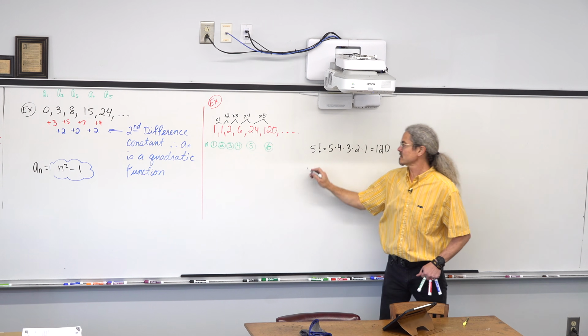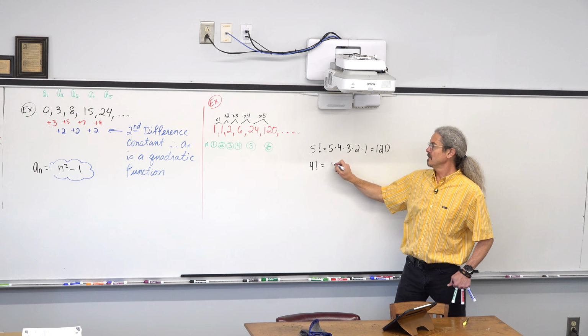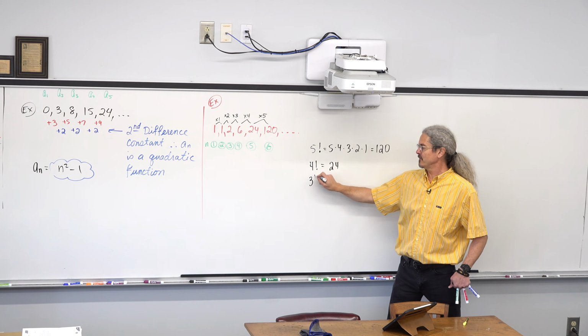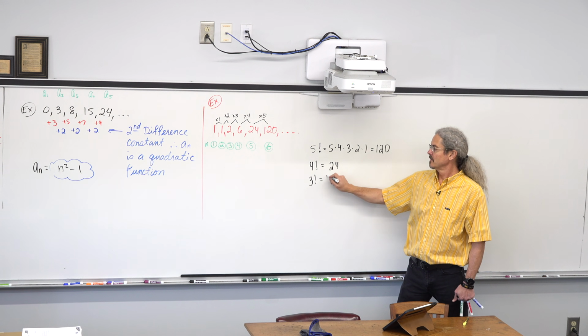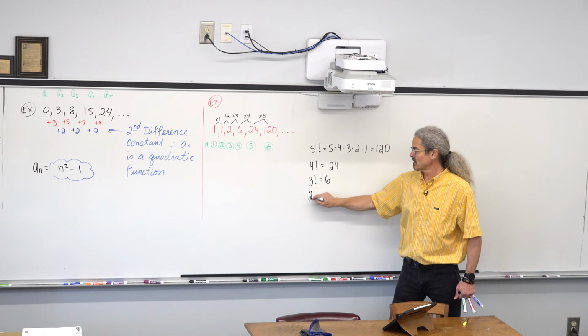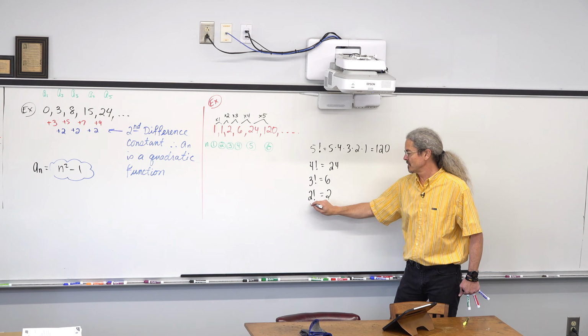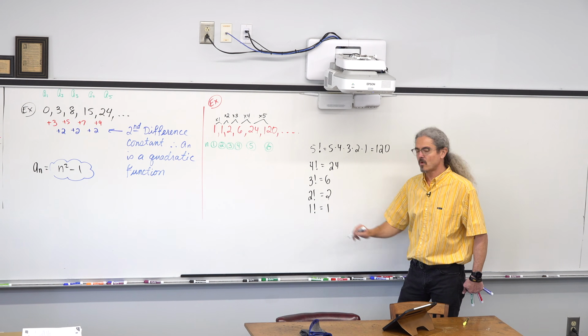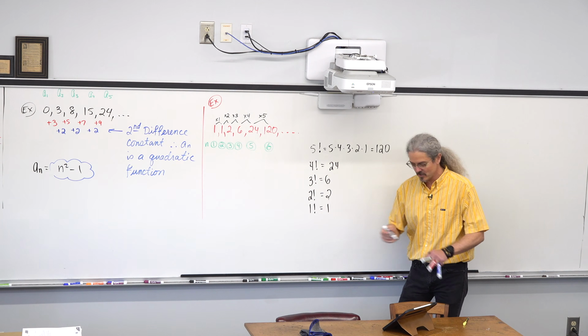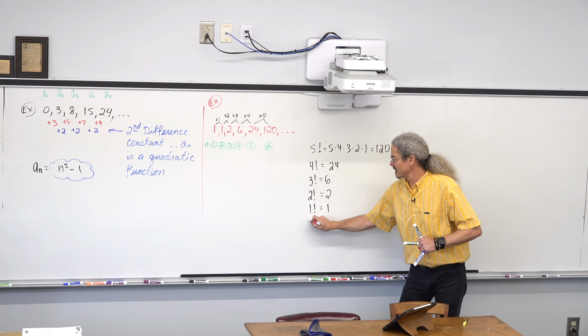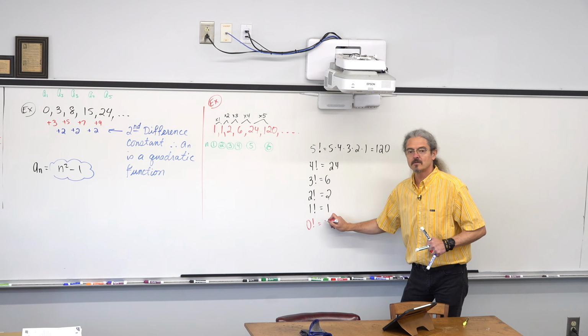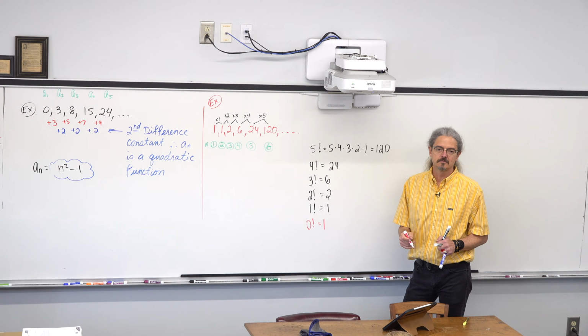So 4 factorial is 24. What about 3 factorial? 6. Okay, and then so on and so on. 2 factorial is 2. 1 factorial is 1. And by the way, by definition, 0 factorial is also 1.